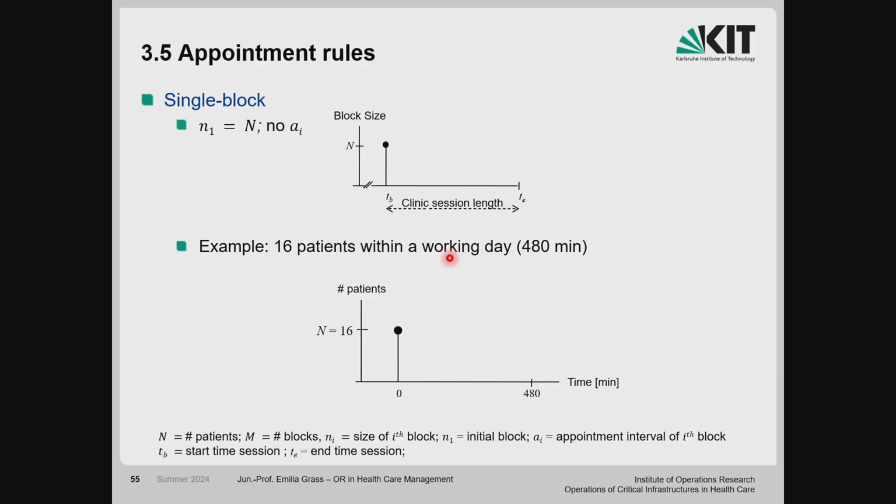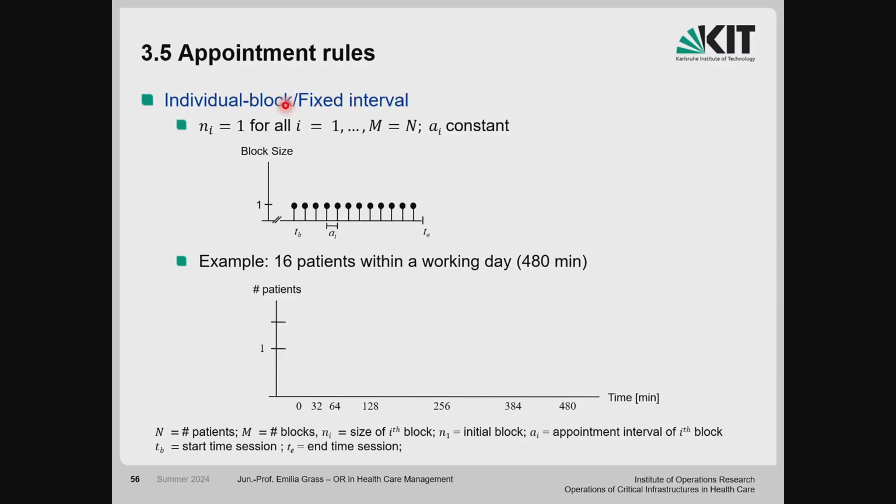Okay, so all 16 patients are coming in, and the physician is working on all of them patient by patient. So it could happen that they wait for hours till they are treated. Okay, but this is an example for a single block. And of course, we don't have an interval time. Okay, the interval time is always between the blocks.